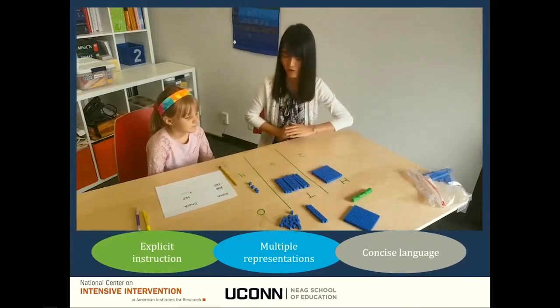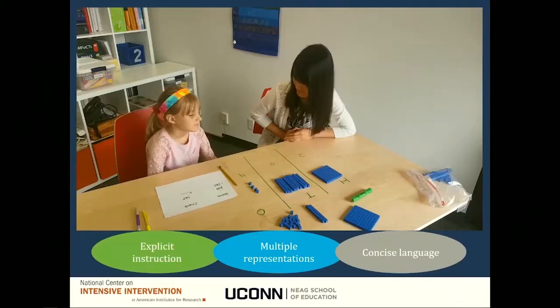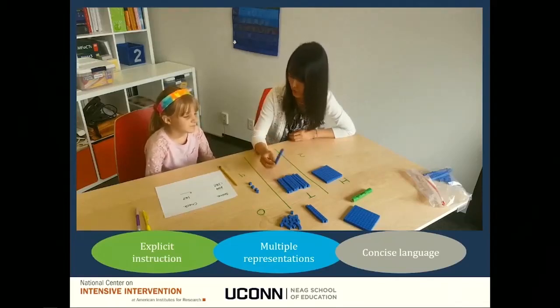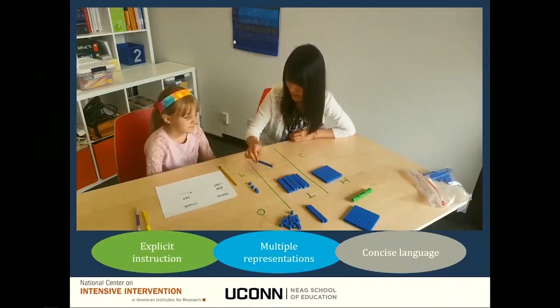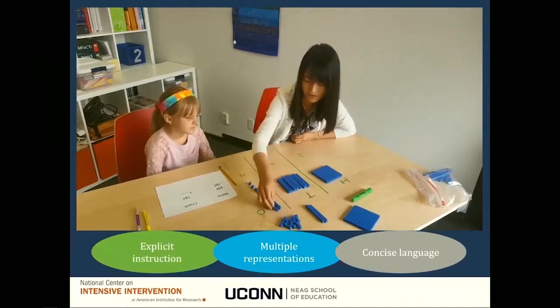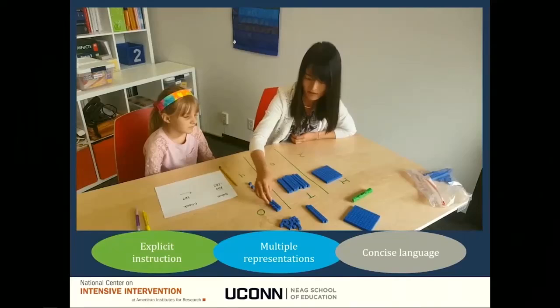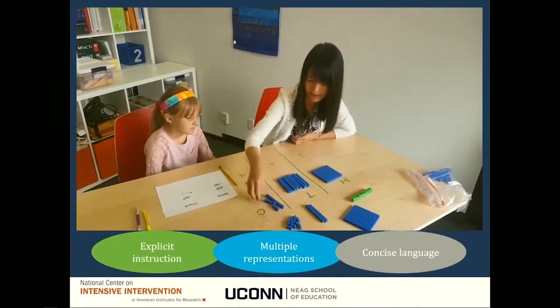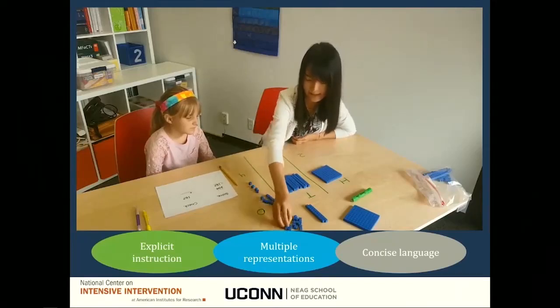Now, what are we going to do? We still only have 4 cubes, right? So we have to exchange 1 ten for how many ones? 10 ones. Okay. 5, 6, 7, 8, 9, 10.